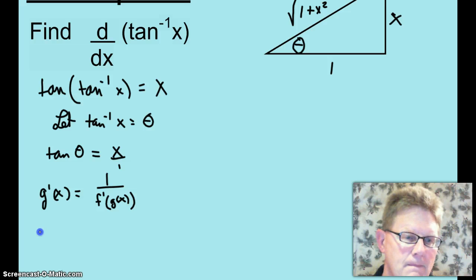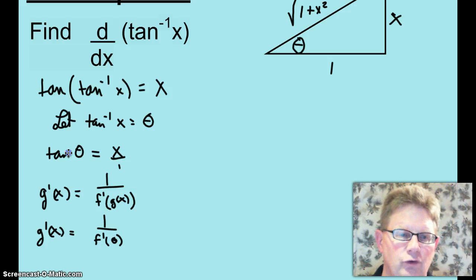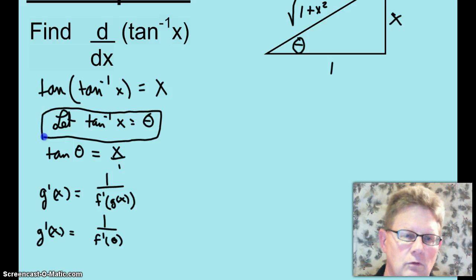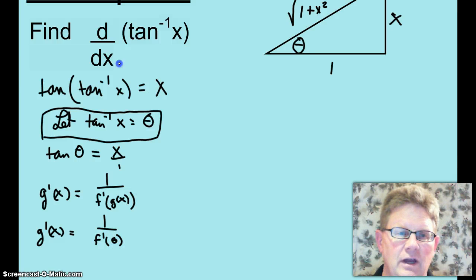So g prime of x equals 1 over f prime of theta. Remember, because we let the inverse function be equal to theta, so I'm just making that g prime of x to be theta. So we have to find f prime.